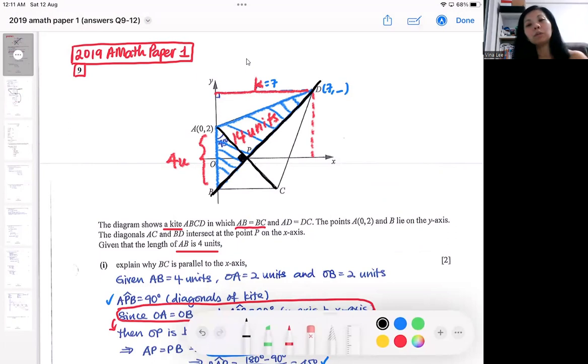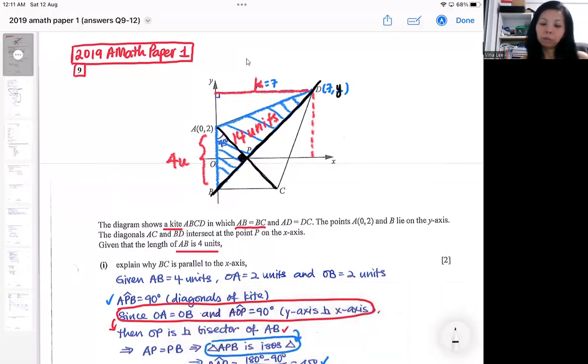Okay, you can still do the area thing. You can still do the area of the triangle, then you try to find the x coordinate to be 7. If you do that, it helps in your shoelace. So let's say I'm going to be doing a shoelace. How will my shoelace look like?